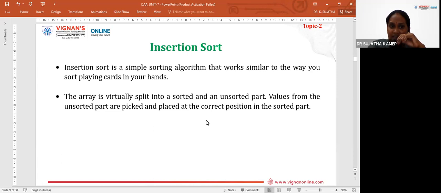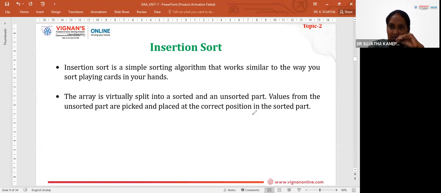Here it is assumed that the first card is already sorted in the card game. We select the unsorted card. If the selected unsorted card is greater than the first card, it will be placed on the right side. Otherwise, it will be placed on the left side.